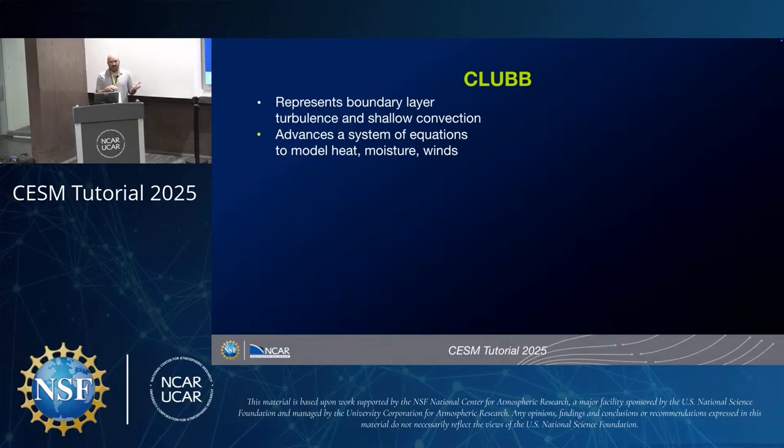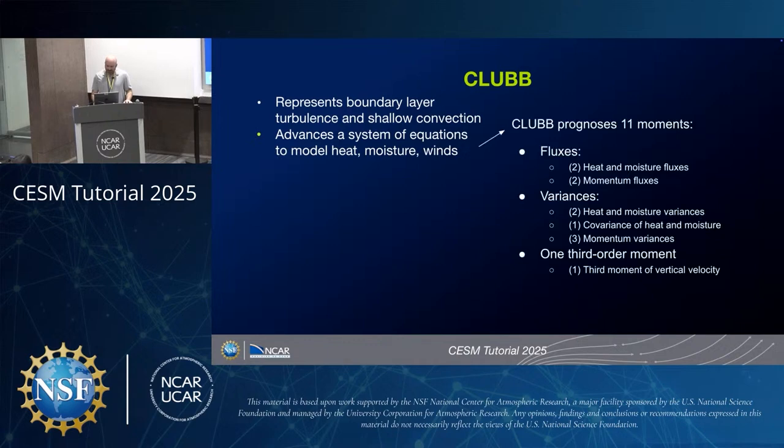And it can also model clouds like stratocumulus clouds as well. It does this by advancing this really complex system of coupled partial differential equations, which I'm not going to torture you with, but I'll just point out that basically CLUB prognoses 11 different moments, which means that it has 11 different prognostic equations. They're all coupled together.